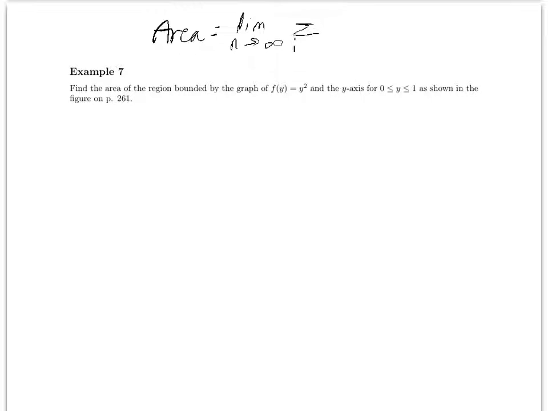Of the sum from i equals 1 to n of what? f of c_i times delta x, where delta x is b minus a over n. What is b? The right endpoint, and a is the left endpoint. Excellent.